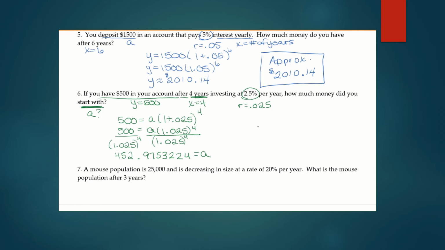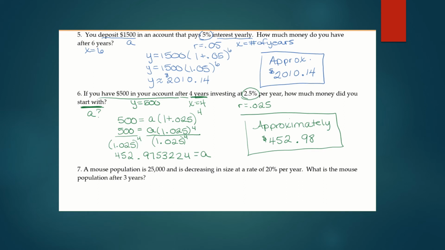And I'm going to say approximately $452.98. So that's how much we started with. After 4 years investing at 2.5% per year, we ended up with $500.